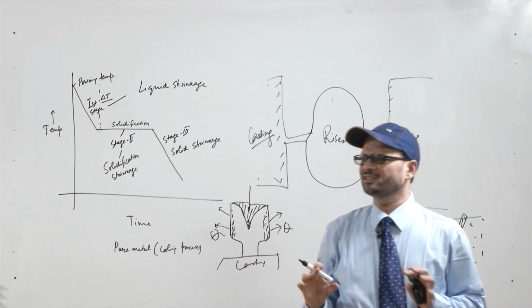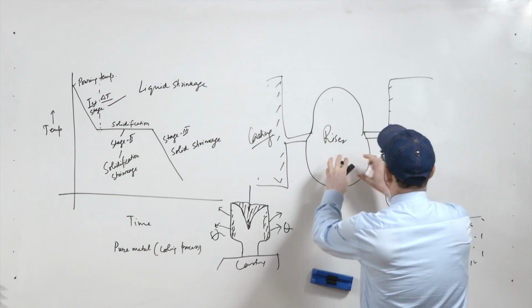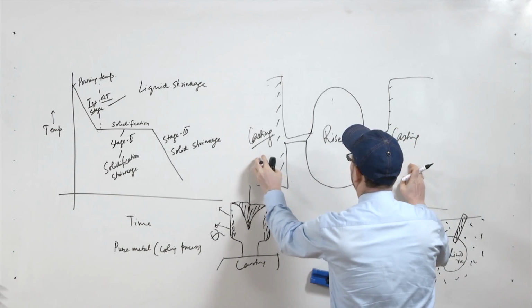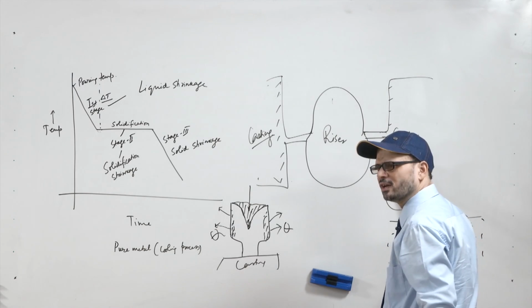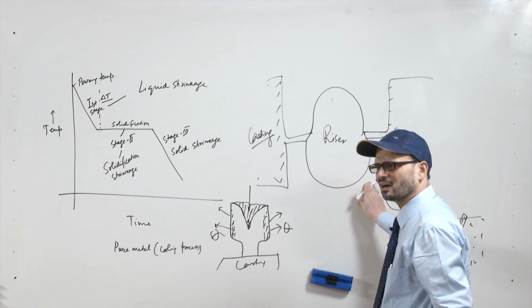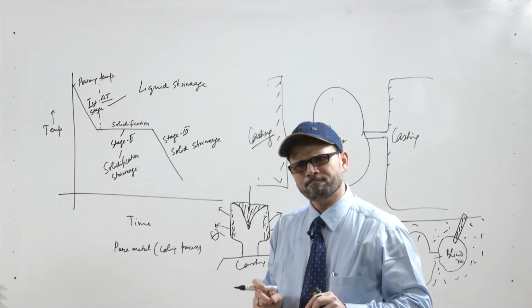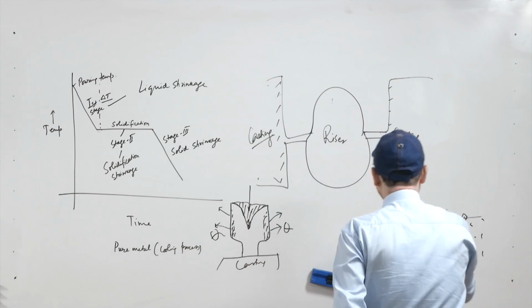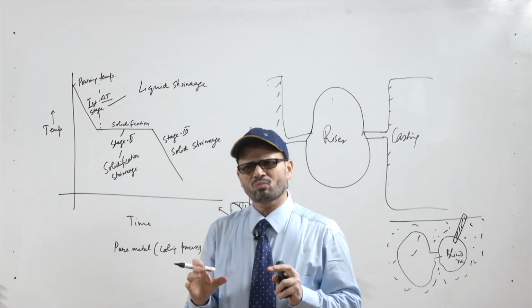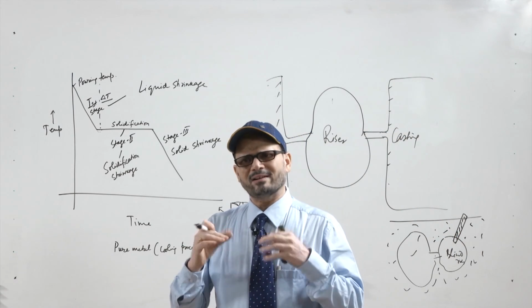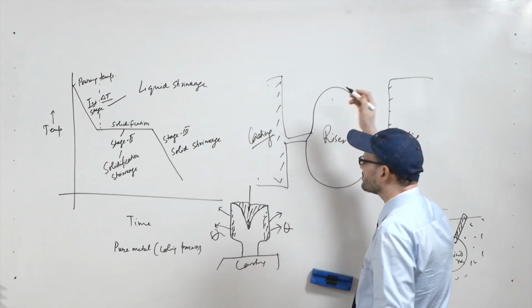What happens in this case, since the riser is surrounded by the casting on all the sides, the heat lost by the casting reaches this riser and keeps it hot for a longer duration of time. So the advantage is that you can have a smaller size of the riser.